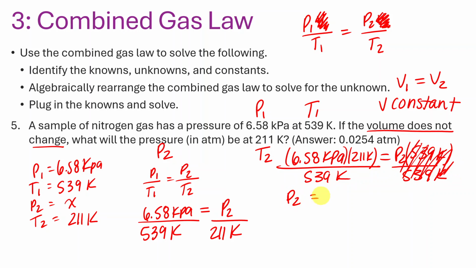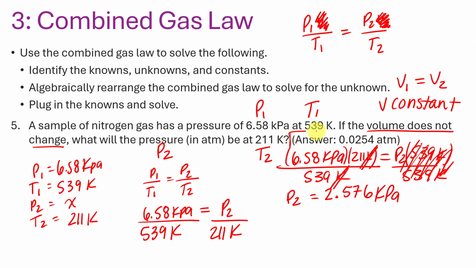So I need to do 6.58 times 211, and I need to divide that by 539. When I solve, this is the answer that I get. Now, notice that Kelvin and Kelvin will cancel, which means this answer is in kilopascals.